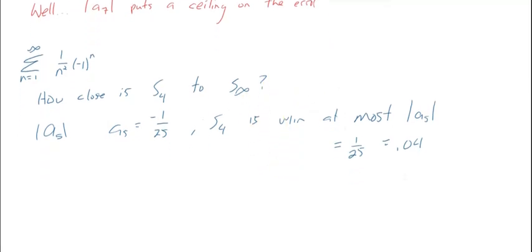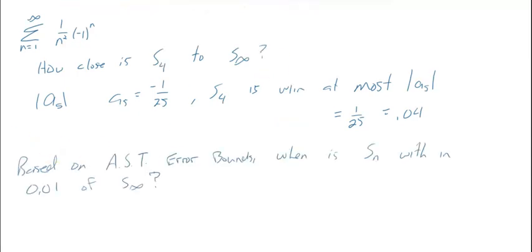All right, so let me ask you another question. Based on alternating series error bound, when is S sub n, the nth sum, within 0.01 of S sub infinity? Well, let's think about it. We want to know when it's within that 0.01, so when would the error be that?